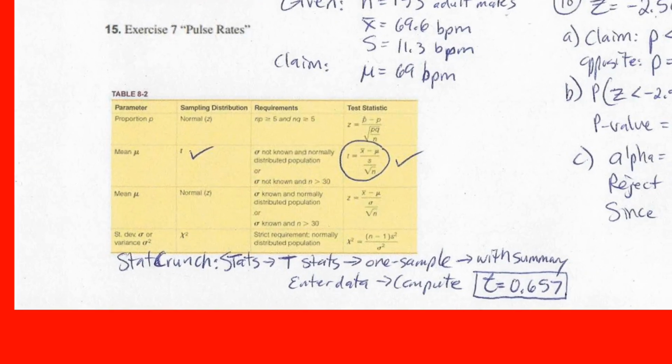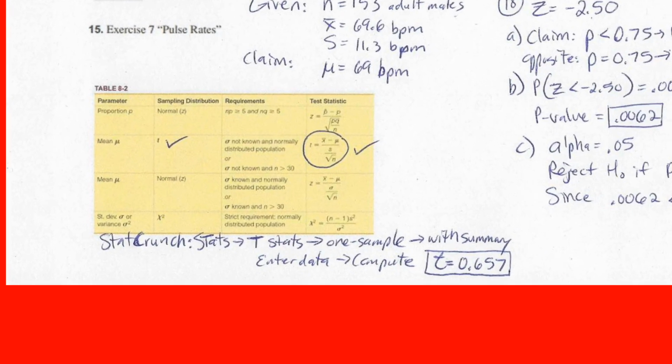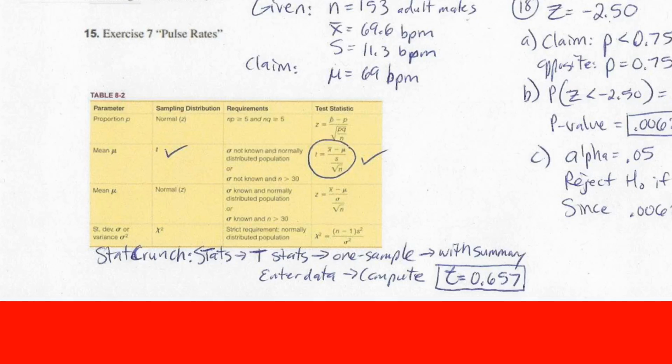All right. Now, how do we calculate what T is? Like I said, you can do the formula if you want. I'm not going to do that, but in StatCrunch, here are the steps. You just make sure you open StatCrunch from MyFire, in the My Resources page.